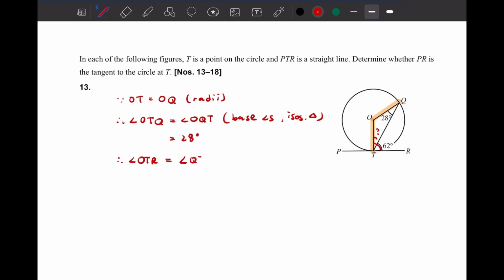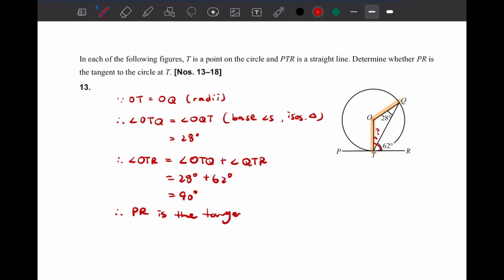And therefore this OTR here is equal to your 28 plus your 62. So 28 adding 62 degrees gives you 90 degrees.